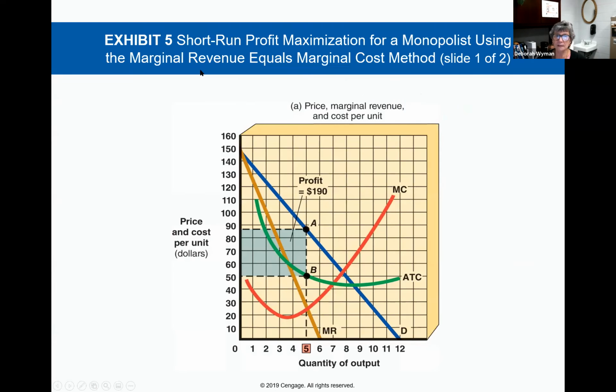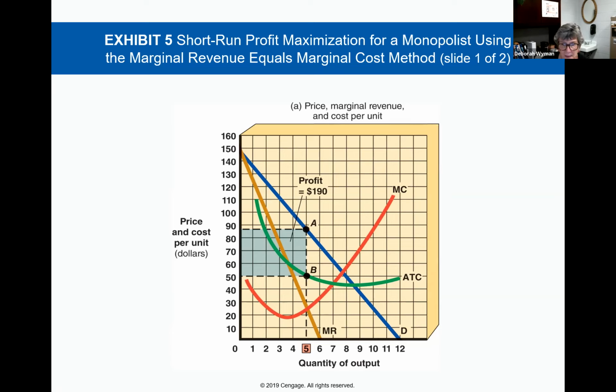This is exhibit 5, short run profit maximization for monopolists using the marginal revenue equals marginal cost method. When we look at this graph, we're looking at 5 units of output, because this is where the marginal cost intersects with the marginal revenue.